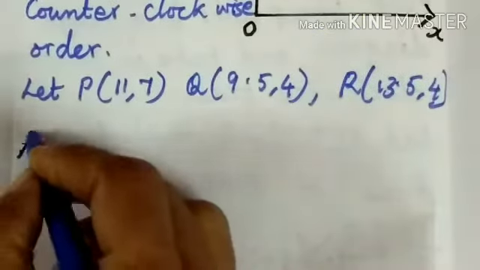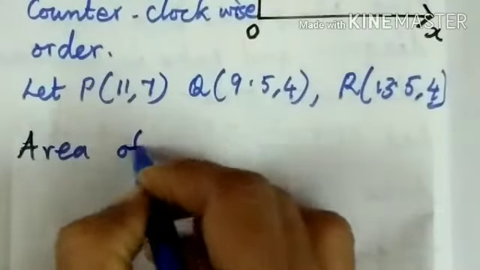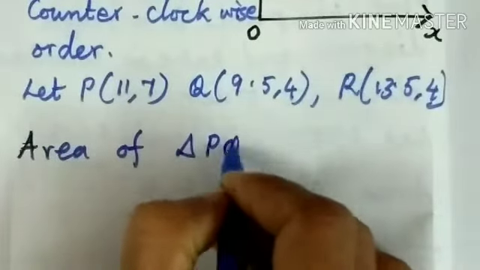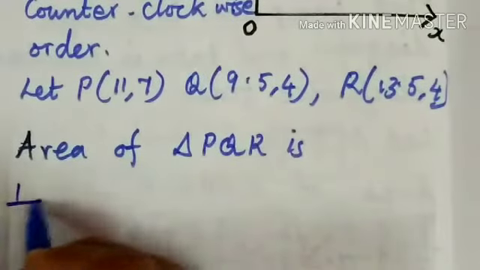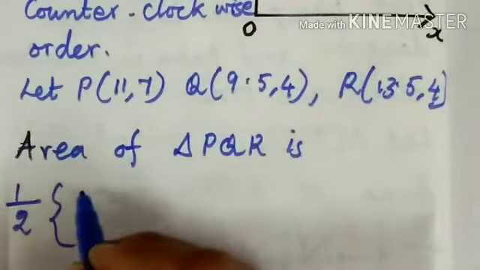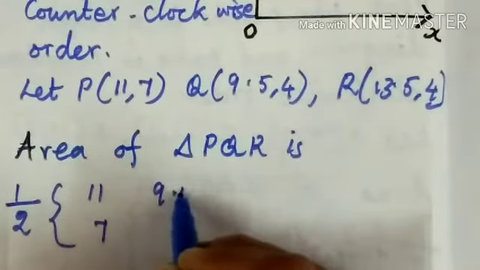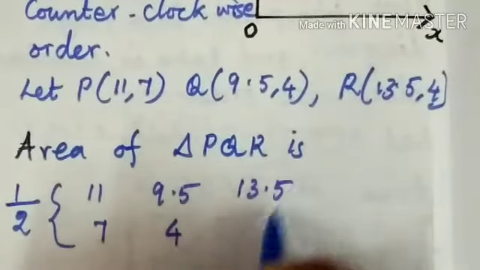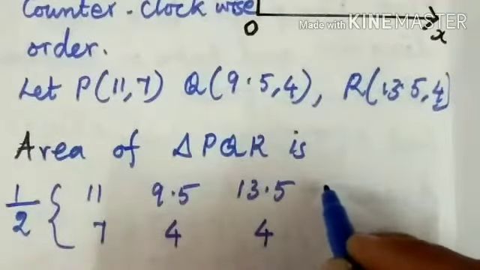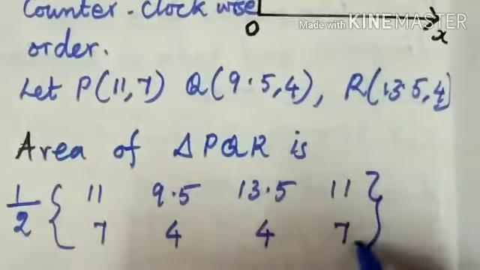Now, you have to find the area of triangle PQR, which is half into P (11, 7), Q (9.5, 4), R (13.5, 4). Then again you write P (11, 7).